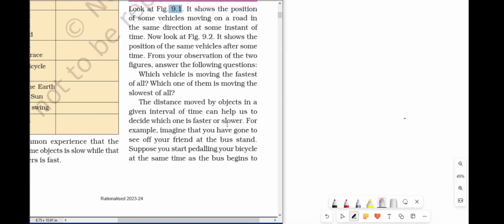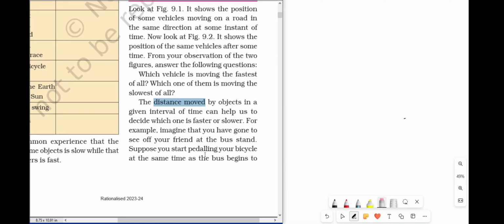तो हम कैसे डिसाइड करेंगे कि कौन सी व्हीकल फास्ट जा रही है और कौन सी व्हीकल स्लो जा रही है? We can say this by seeing which vehicle has moved how much distance. कौन सी vehicle कितना distance cover कर चुकी है? For example, imagine that you have gone to see off your friend at the bus stand.